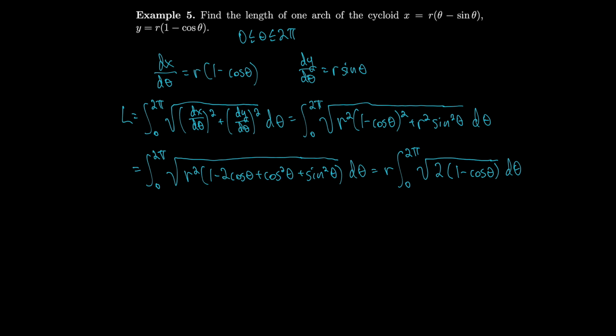And I could just factor this out over here. Remember that cosine squared plus sine squared became 1, which made this a 2. So I want to try to get rid of this 1 minus cosine theta in my square root, so I can actually take the square root.